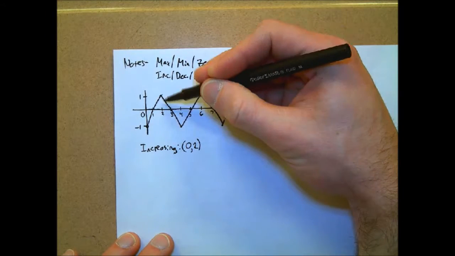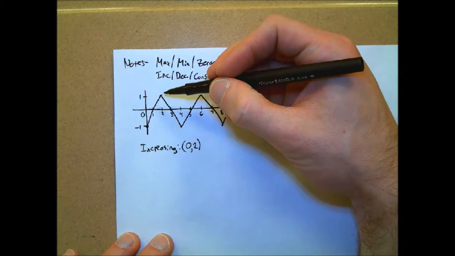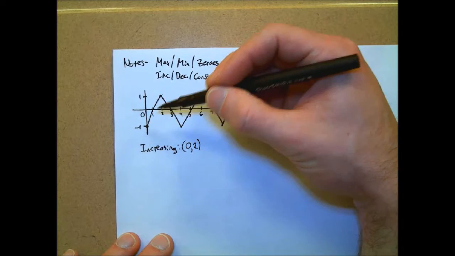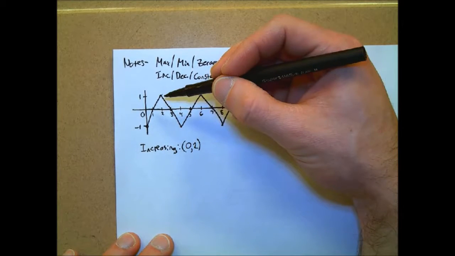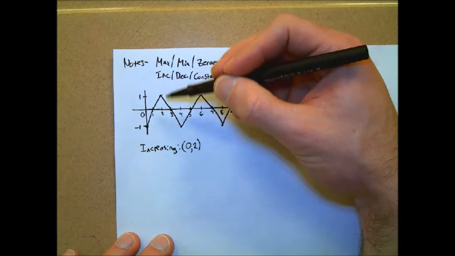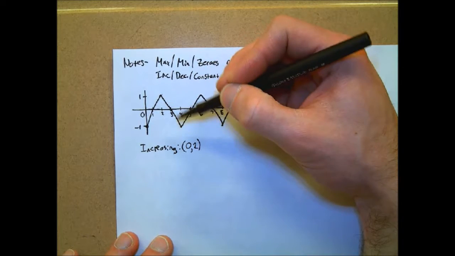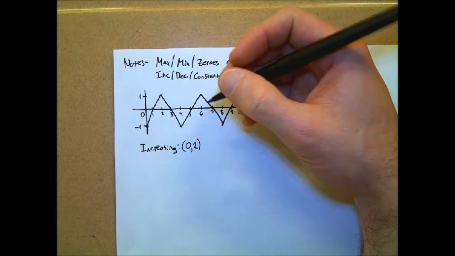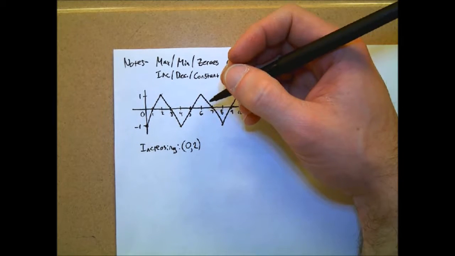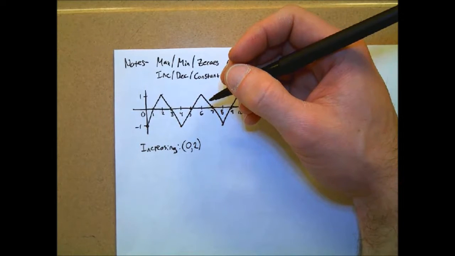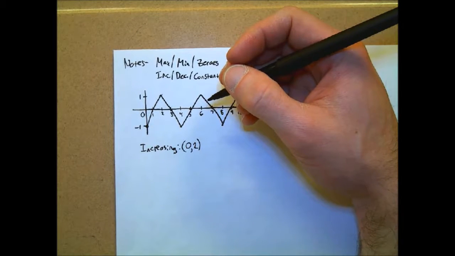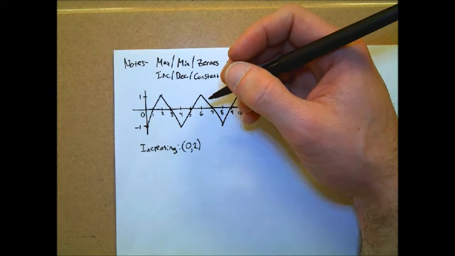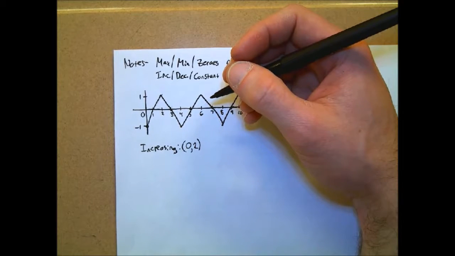So should we include 2 with the increasing or with the decreasing? Certainly you can't be both increasing and decreasing at the same point, so it's got to be one or the other. That's the problem we run into here, so we just don't include the endpoints at all. So it's just increasing from 0 to 2.